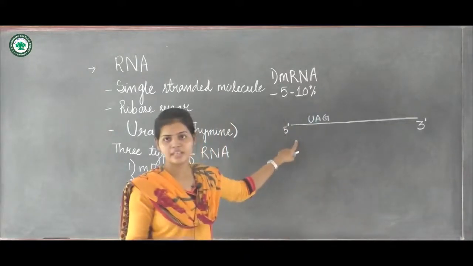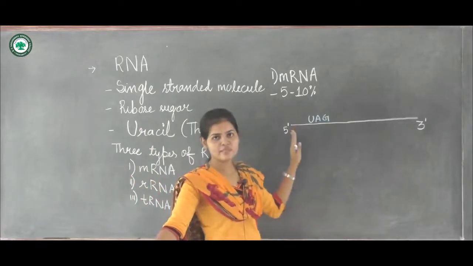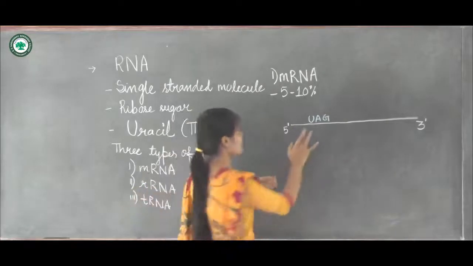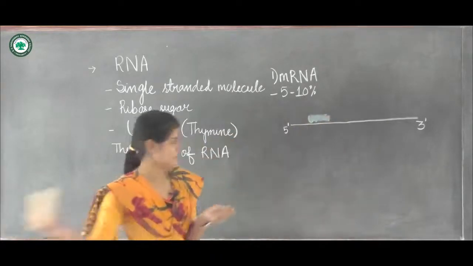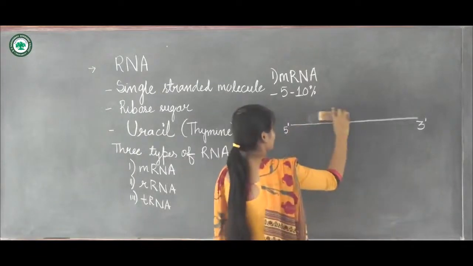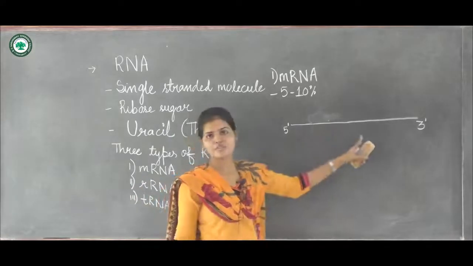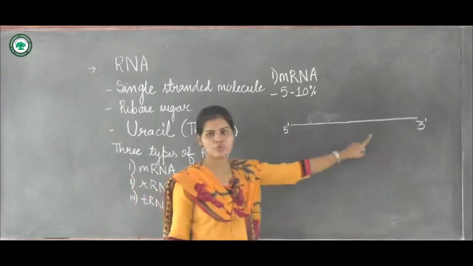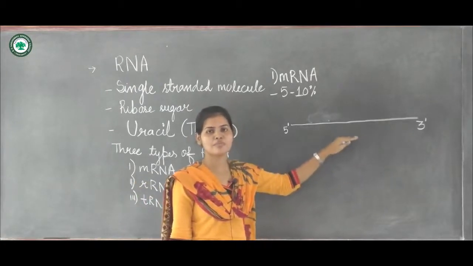This is linear in structure and it has polarity that is 5' to 3'. Now first there is presence of a codon. The mRNA consists of different codons.